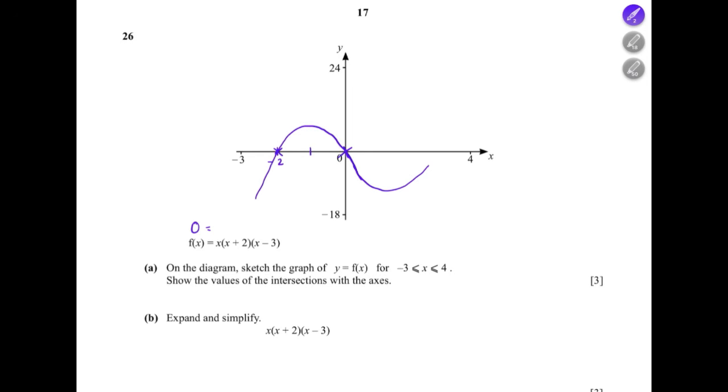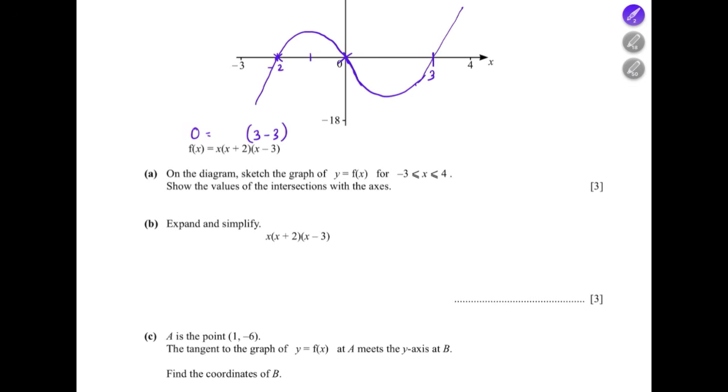The x-axis again, that would be 3, because if we take 3 here, 3 minus 3 will give you 0, and then whatever you multiply it with, you will have a 0, right? So we'll just move this up, something like this, and this is 3. So that's your sketch. Then you're supposed to expand and simplify. That's basic expansion.